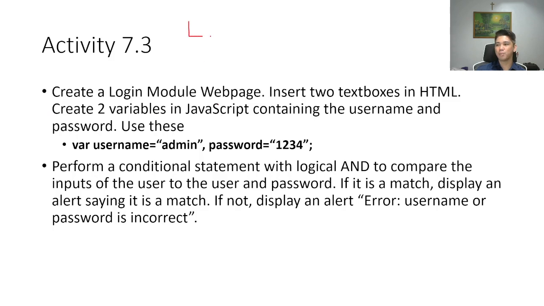So you have 2 text boxes, right? In your form. And then you create 2 variables in JavaScript containing the username and password. So use these variables and values I've provided.